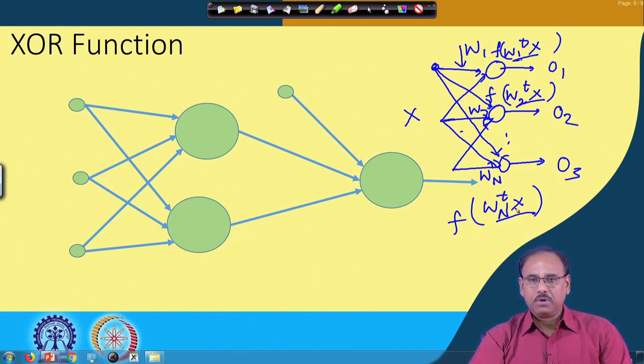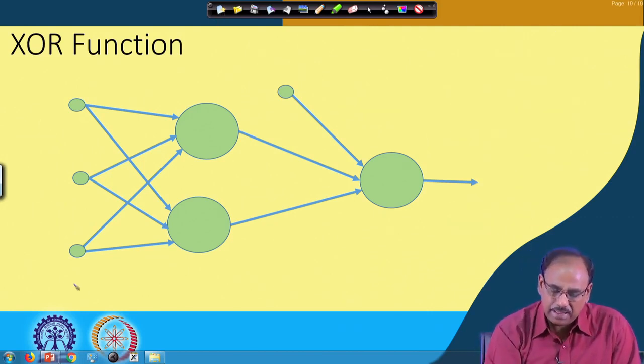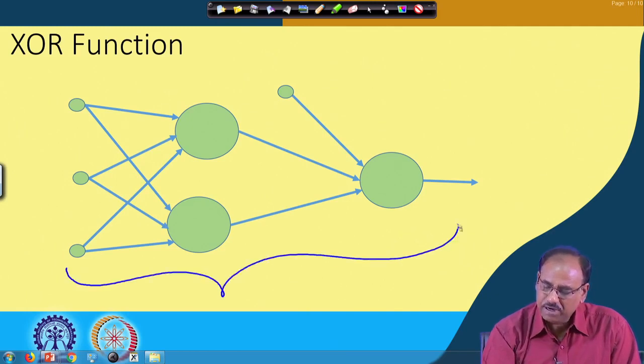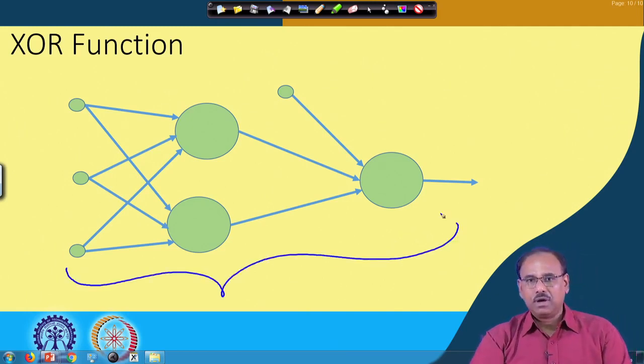So, if my problem is a linear problem, I can solve it using a single layer neural network. But if it is a nonlinear problem, as has been demonstrated with a very simple nonlinear function, the XOR function, I need multiple levels of neurons or a multi-layer neural network.